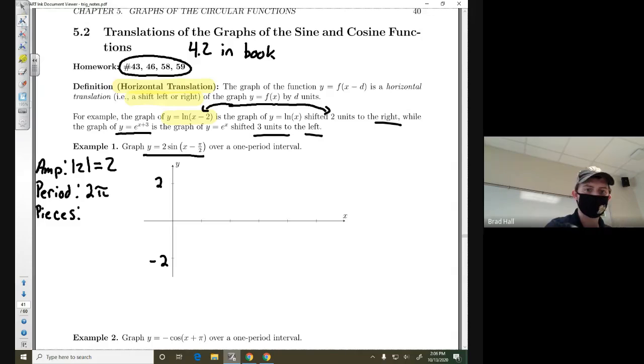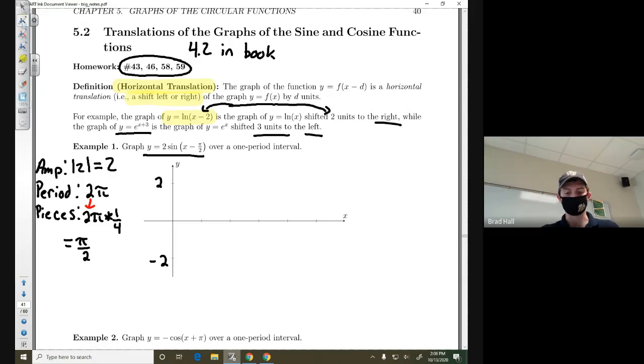Remember the pieces: take 2 pi, or whatever the period is, and multiply it by 1/4. So we just get pi over 2. Don't give me an approximated answer, like 1.7 whatever it comes out to be.